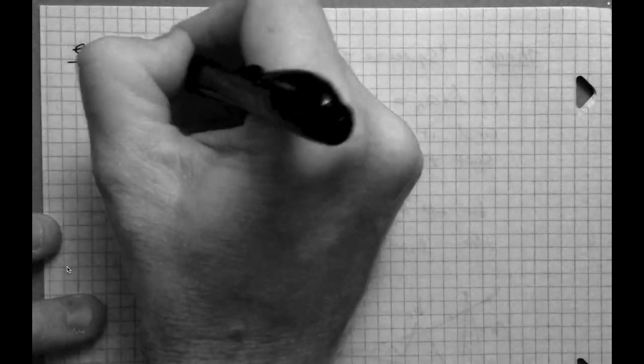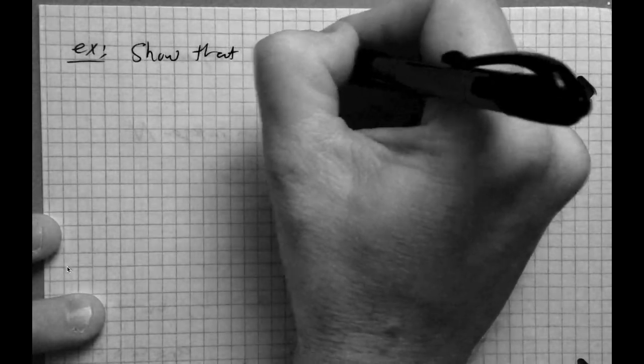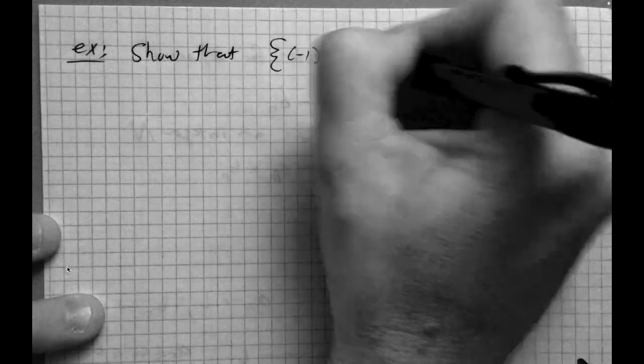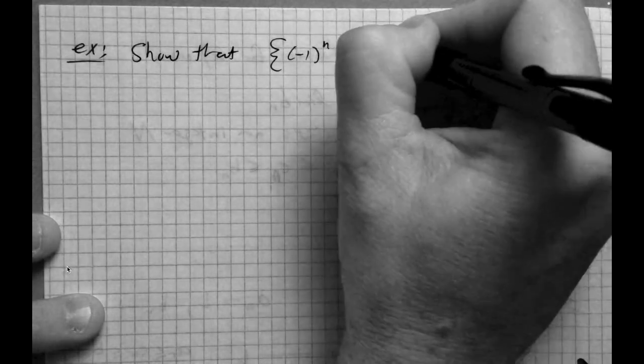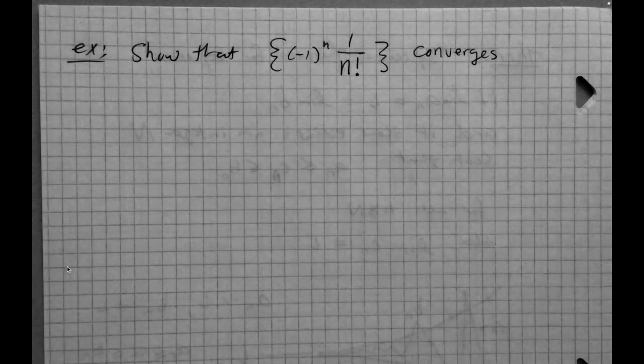Let's do an example like that. Okay, let's show that negative 1 to the nth power times 1 over n factorial converges. Okay, let's take a look at this one.